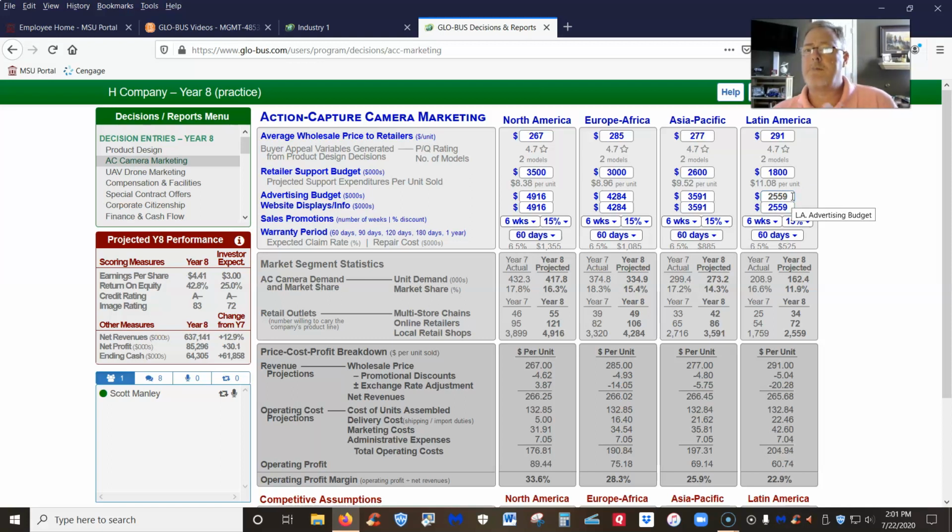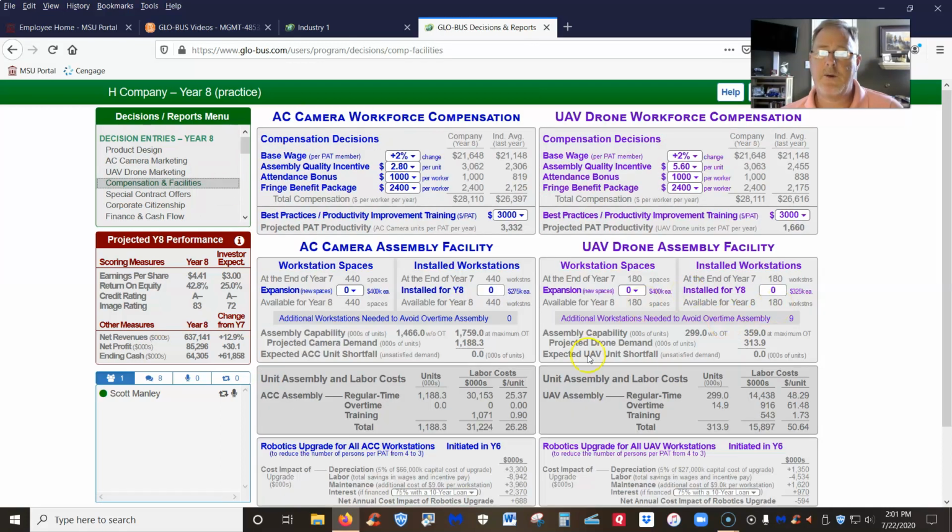In case you're wondering where I'm getting those numbers from, the number of local retail shops is 4,916, 4,284, 3,591, and 2,559. All I'm doing in my marketing budget is allocating $1,000 per retailer for advertising and for website displays, okay? So now let's take a look at my compensation and facilities to see how I'm doing.